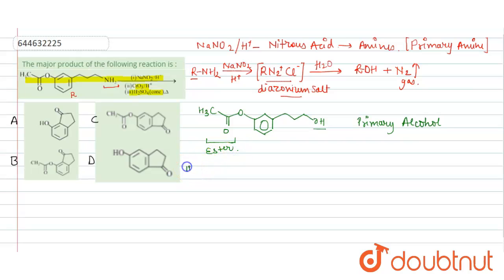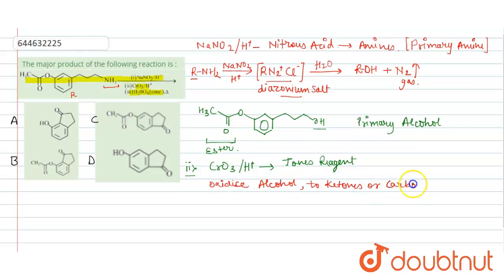Now the second part of the reaction is CrO3/H plus, which is called Jones reagent. And what does Jones reagent do? Jones reagent can oxidize alcohol to the highest degree, that is, alcohols to ketones or carboxylic acids.